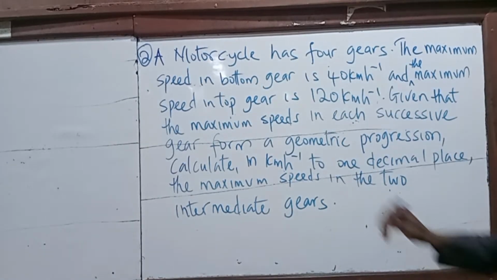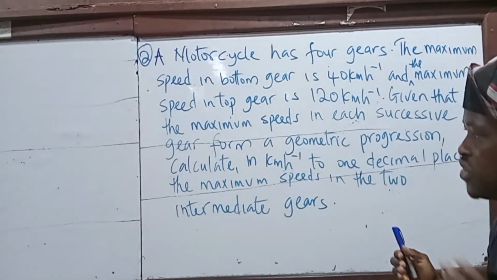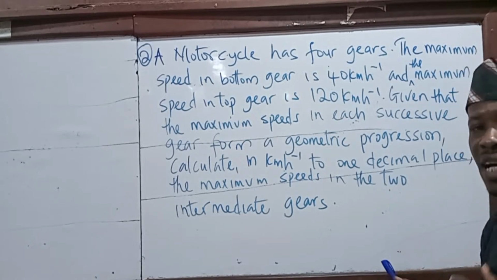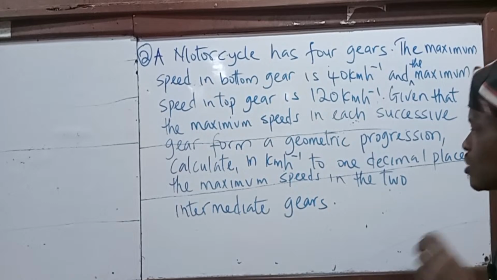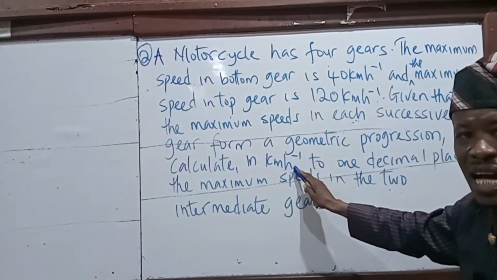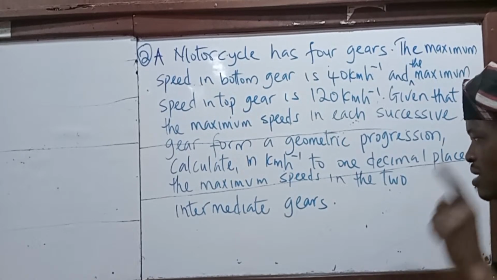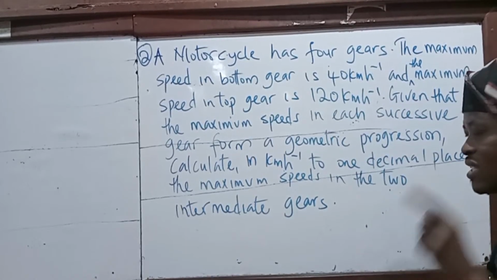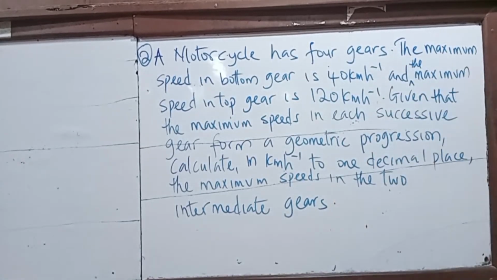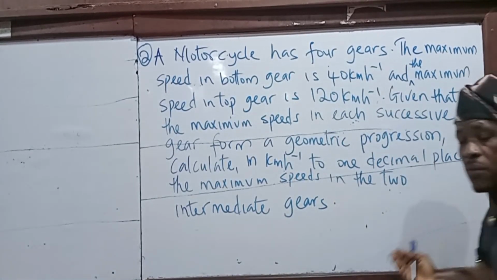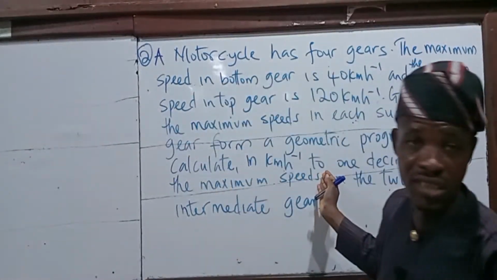Given that the maximum speeds in each successive gear form a geometric progression, calculate, in km/h to 1 decimal place, the maximum speed in the 2 intermediate gears. So let's see the interpretation of this.